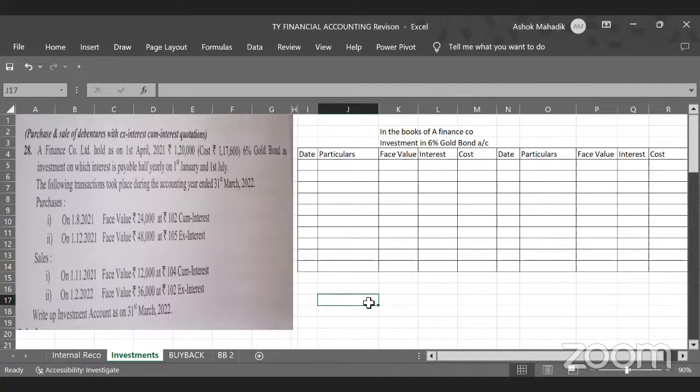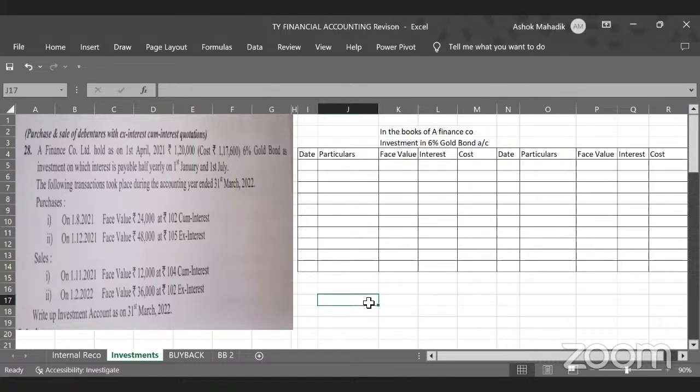Then sale will be there on 1st November. Then on 1st December, in between we have to adjust 2 more entries, which are those entries of interest. In the second line we were told that interest is paid on 1st January and 1st July.